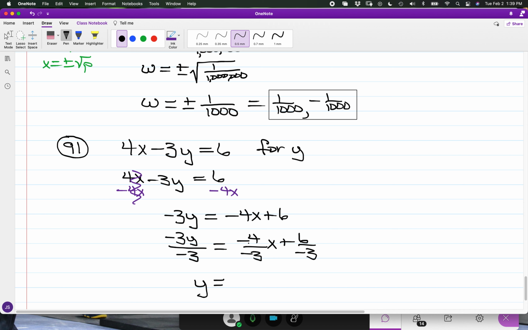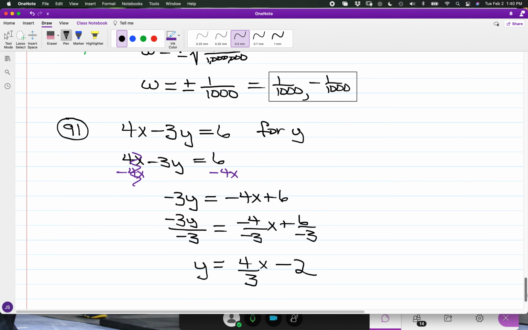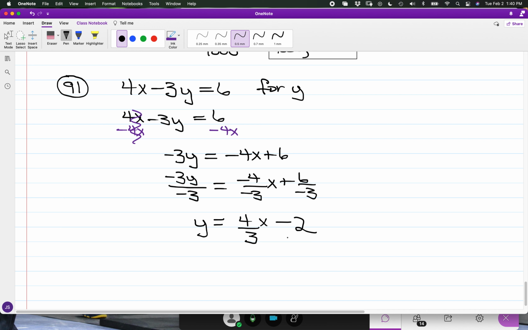Negative 4 over negative 3, that negative over negative is going to be a positive, so you're still stuck with 4 over 3 times x. So y is equal to 4/3 of x, and 6 over negative 3 becomes negative 2. So for y, we have 4/3 of x minus 2.